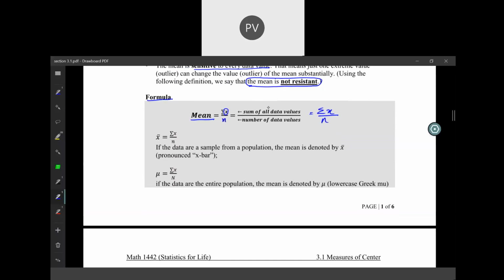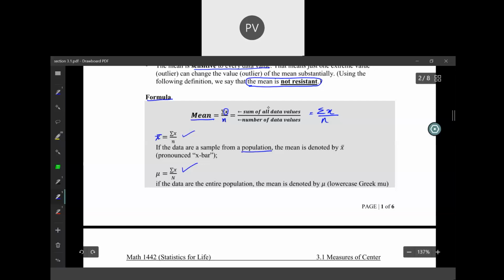This is how the textbook will use it, but you will also come across these two types of formulas where you will have x bar equal to the same formula, but there is only a change in the notation. When they say x bar, that means you will be calculating the mean.